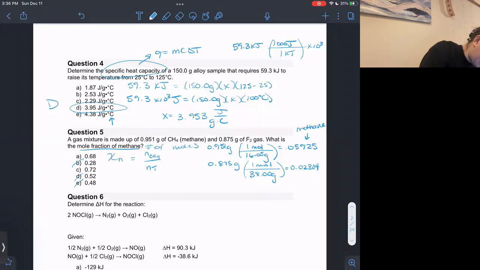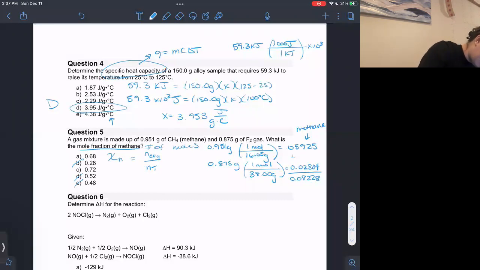So I'll add these two up and I get a total of 0.08228.